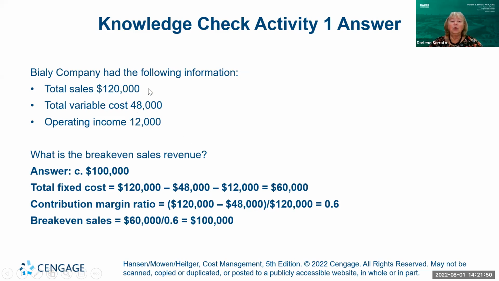It's the 120 minus the 48 gives you contribution margin in dollars, divided by sales dollars gives you the 0.60. Break even is fixed expenses divided by the percentage, which will give you $100,000.